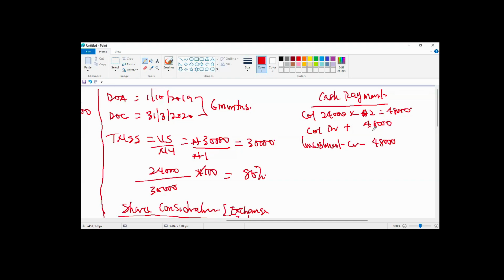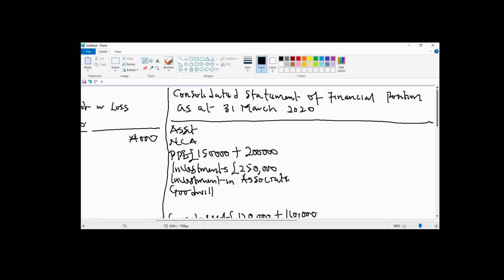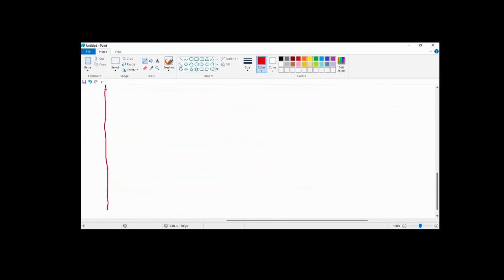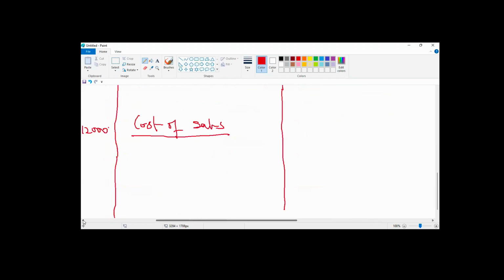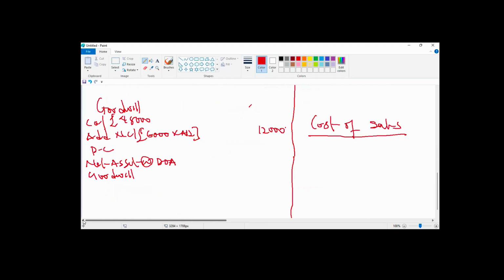That's all. I'll go and post this in financials now, by saying investments. Go to the goodwill calculation. In the goodwill, it happens to give us the same figure.